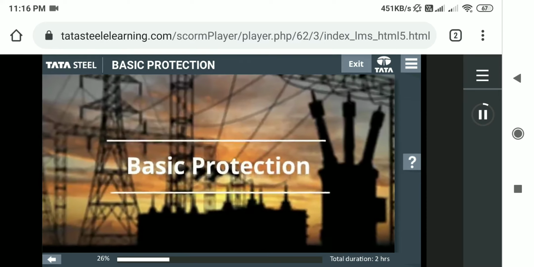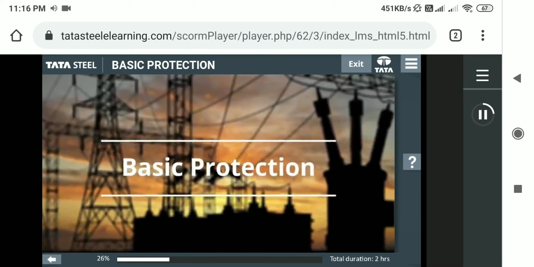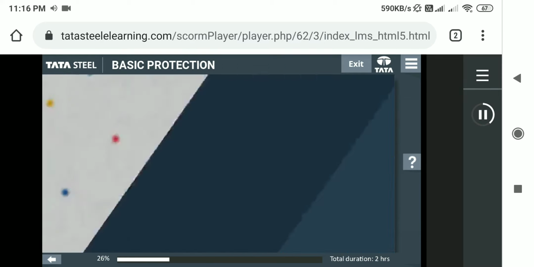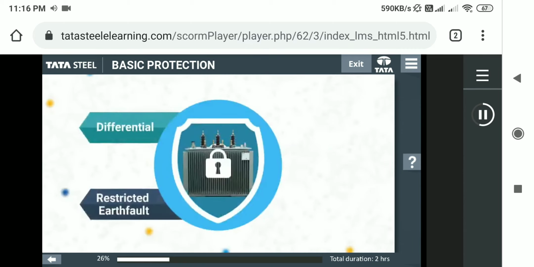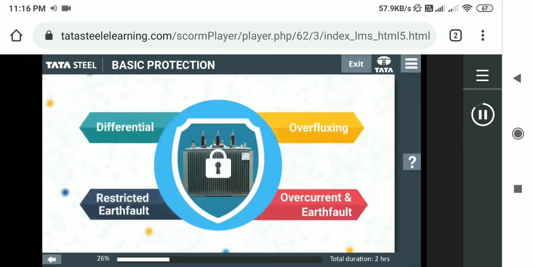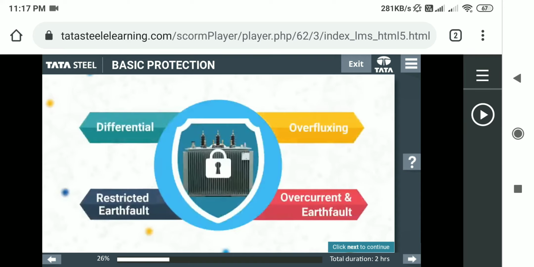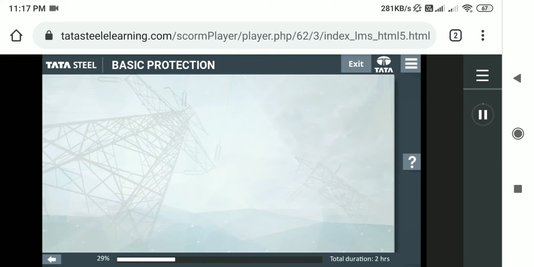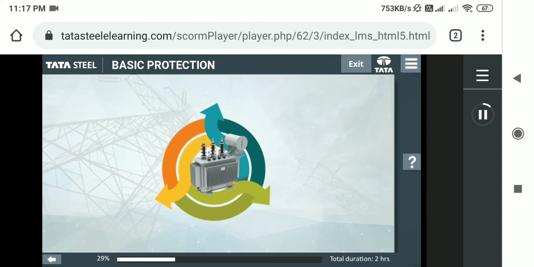The basic protection of transformers can be done in 4 different ways. Differential, restricted earth fault, overfluxing, overcurrent and earth fault. Let's deep dive into 3 main types of protection.